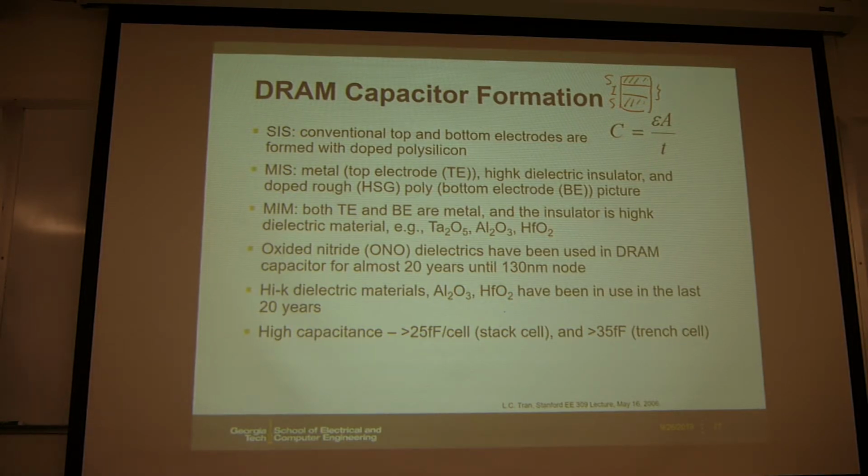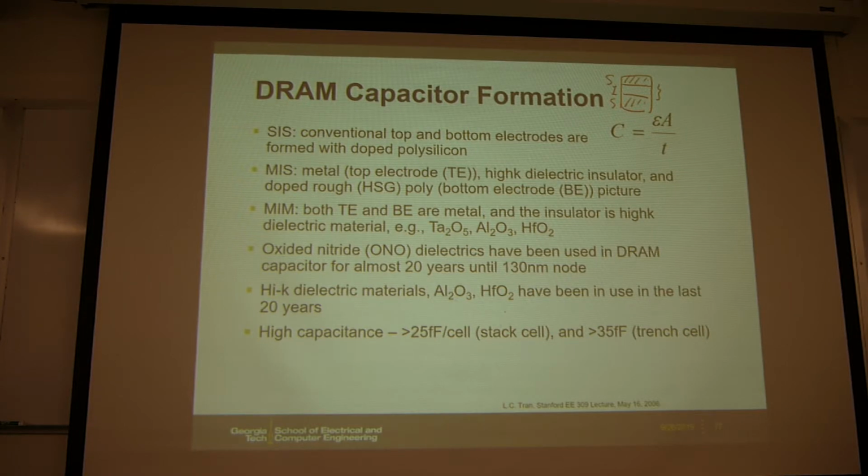And then later industry switched to different kinds of capacitors, because ideally you want metal to be the electrode due to higher conductivity than the doped silicon. And also here for the insulator, let's say you can change one electrode to be the metal, so it will become MIS structure.